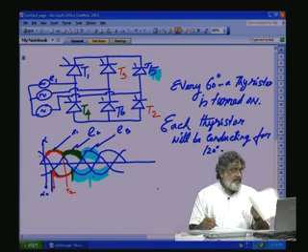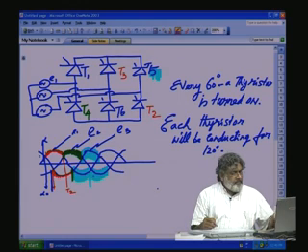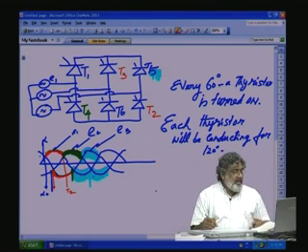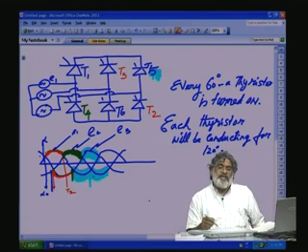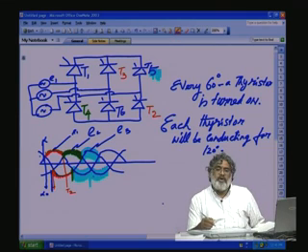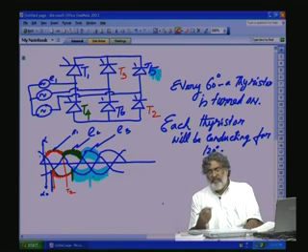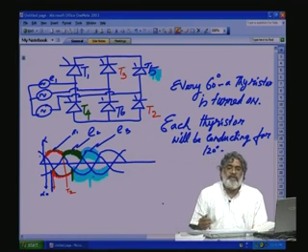Okay. Now, let us take, this is for a highly inductive load. What will happen if it is a resistive load? Or as before, if you do not want the negative output voltage portion. We are also using 3 phase just for power converter applications where we require large power.